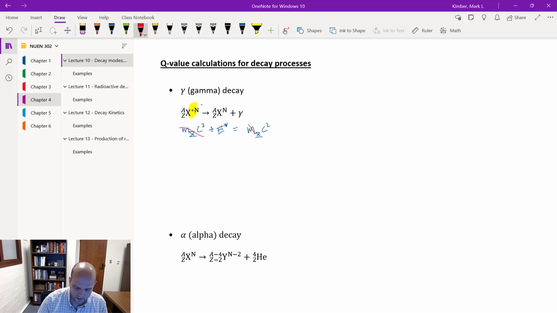So you can see these, first of all, are just going to cancel out. And then I've got some kinetic energy of that daughter product, plus the energy due to the gamma radiation. So I have no change in the rest mass, so those two terms cancel out. And so my Q value here for gamma type radiation is going to be equal to whatever that extra energy was that took it from the ground state to an excited state for my nucleus. And so that's going to equal my kinetic energy of the daughter plus the kinetic energy of the gamma ray.